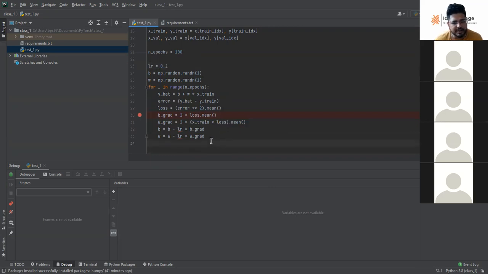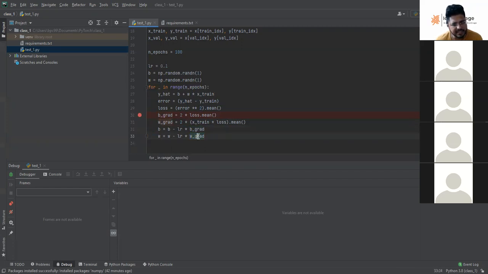So what is this step called in machine learning, deep learning? Back propagation. Yes, this is the back propagation step. Okay, so that means if B's gradient is steeper, then B will reach the minima faster than W, right?